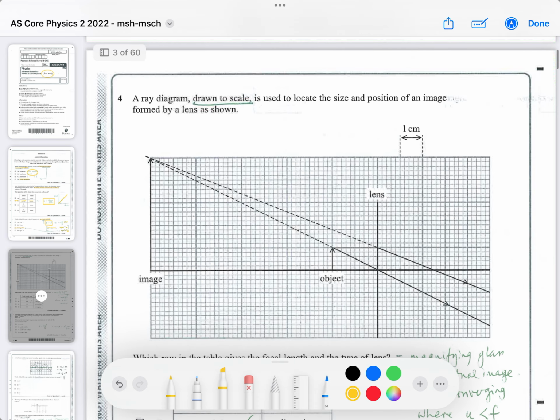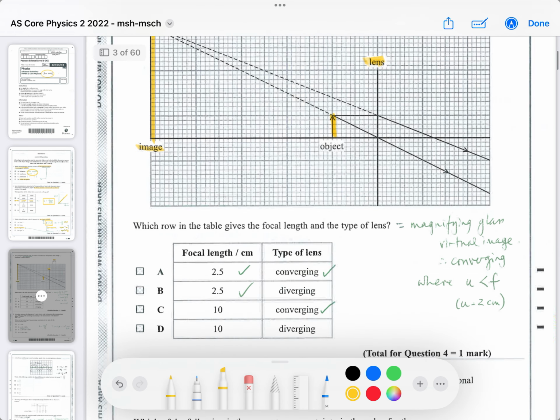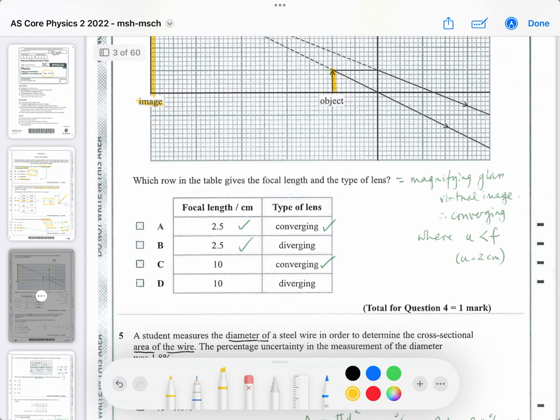Question 4, the ray diagram drawn to scale. Scale is 1 centimeter per square. The object is 2 centimeters from the lens, and it looks like a magnifying glass. The lens should be converging because it's an enlarged image. So the image is further away on the same side, so it's virtual. Okay, so which row gives the focal length correctly?